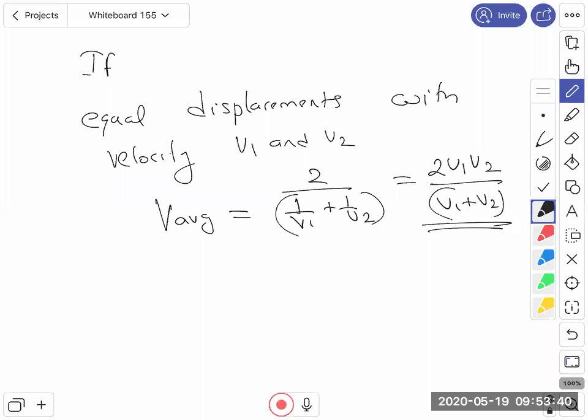Sir, in the exam, like in NEET or JEE, are the derivations of formulas asked?